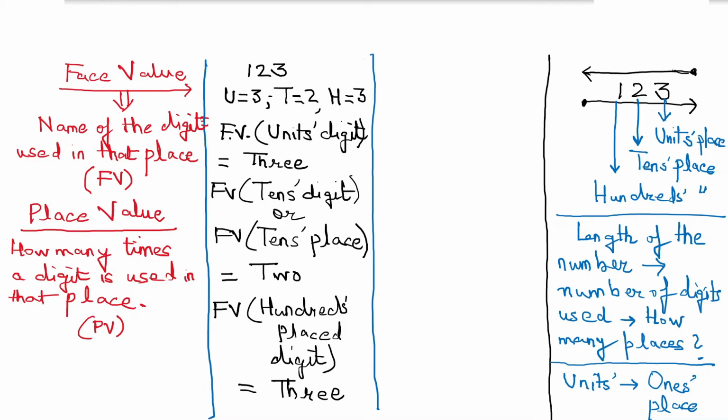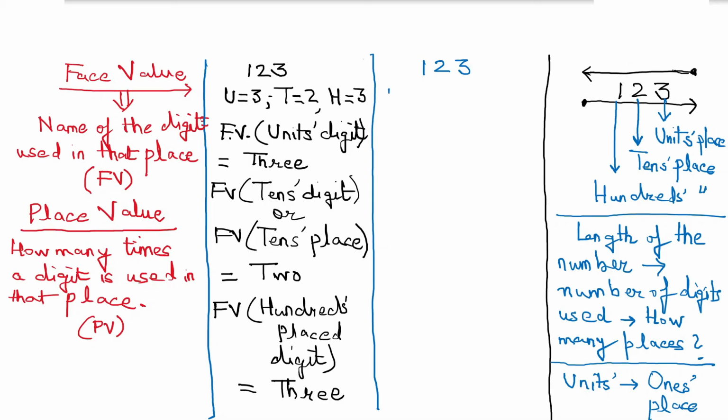face value is independent of the place in which the digit appears, which is why the face value of a digit appearing in any place, whether it is units place, tens place or hundreds place, will just be the name of that digit. But when we talk about the place value, I'll take the same example, 123.